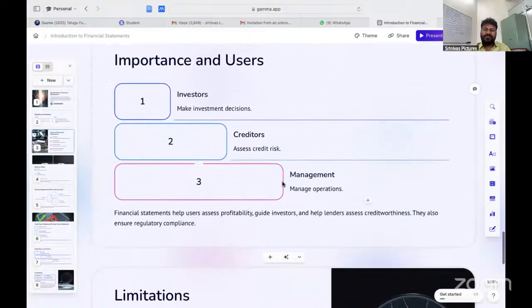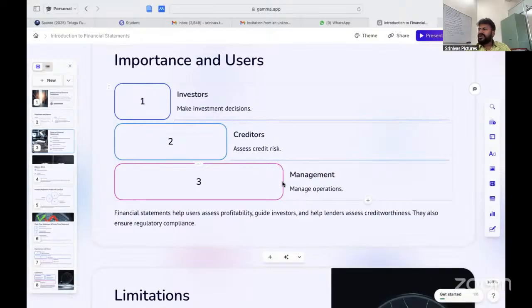Next one is the importance and users. Generally, what is the importance and who are the users? These financial statements are very useful for investors for making investment decisions. They are also very useful for creditors, who assess the credit risk. And they are also useful for the management of operations.